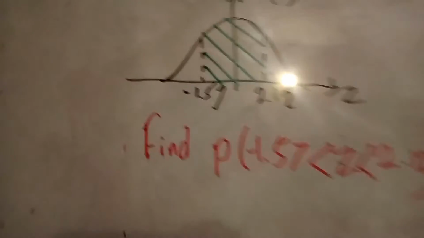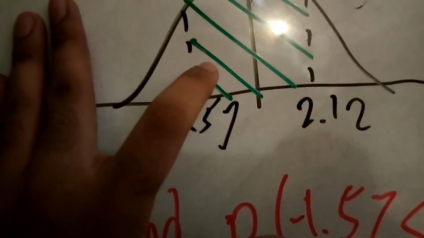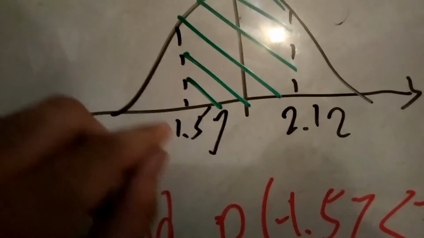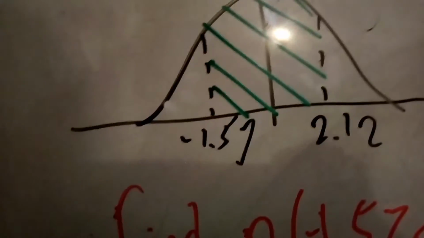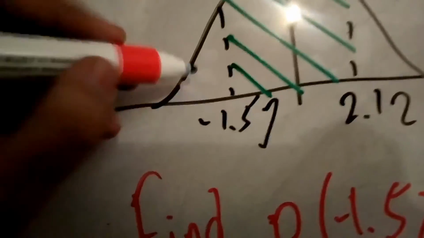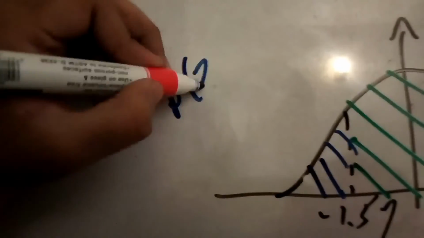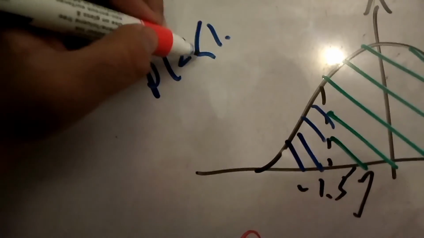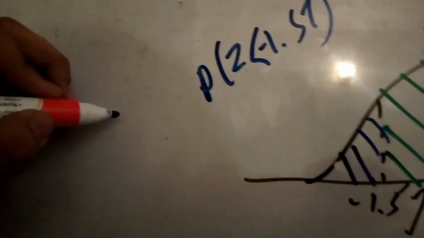First, we need to find this area, meaning P(z < -1.57), and we subtract it from 0.5.